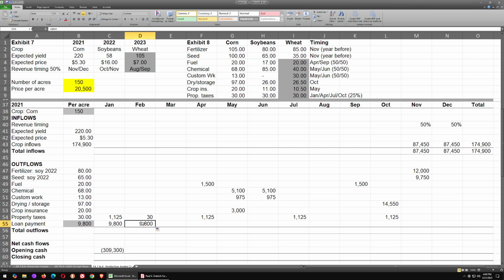And this $ sign afterwards means it locks the row, but not the column. So anyway, equals this one, and because I'm just trying to lock the cell, it's fine. So we'll carry that across.